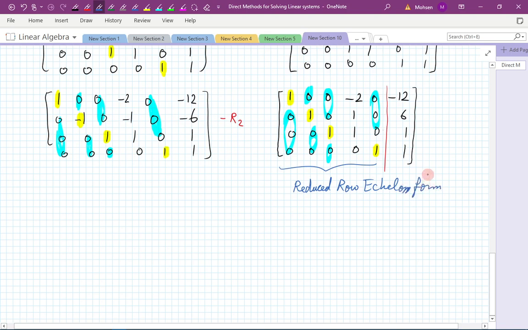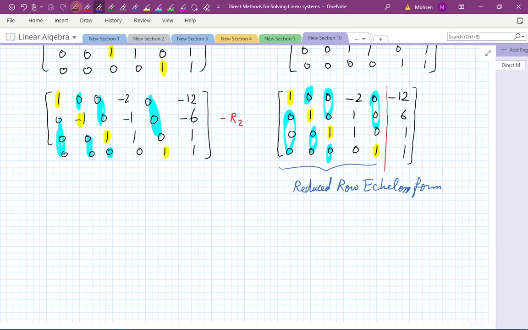So reduced row echelon form: pivots are 1. Above and below the pivots, everything has been turned into 0. This is a unique result for any matrix that you start with.